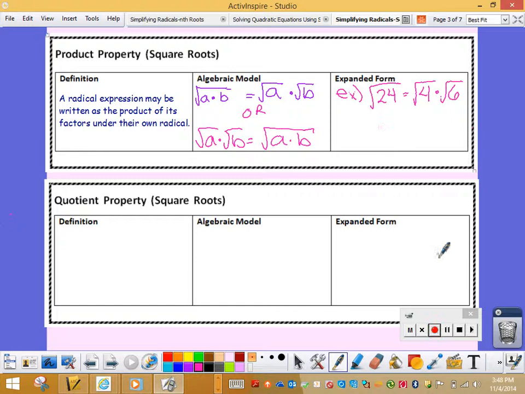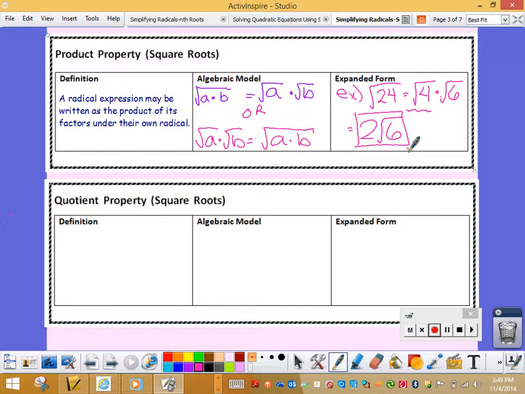So if we break that up into the square root of 4 times the square root of 6, well, we know what the square root of 4 is. That is 2. And we can't simplify the square root of 6 any farther, so we have 2 square root of 6. And that is why this product property of square roots is so helpful.